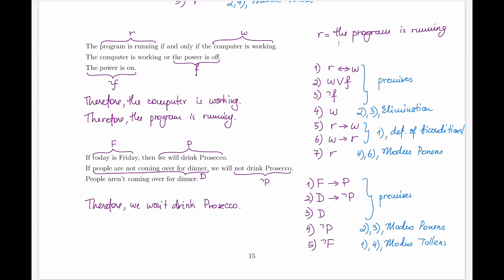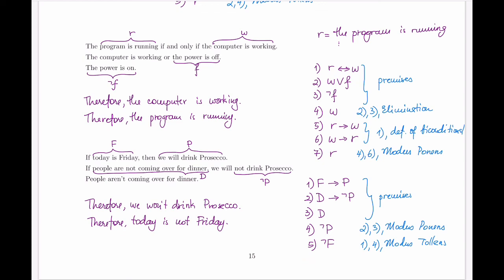Now, not F corresponds to it not being Friday, so that is my alternative conclusion. Today is not Friday. Indeed, today is Wednesday for me, so we are even factually correct in this case, okay?